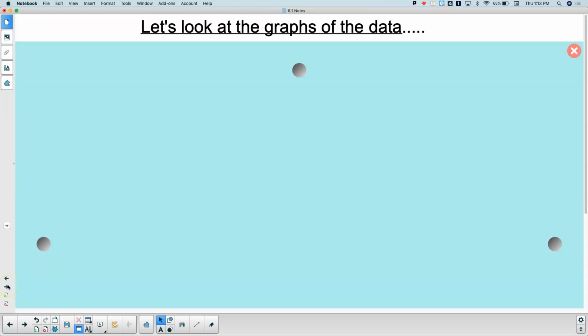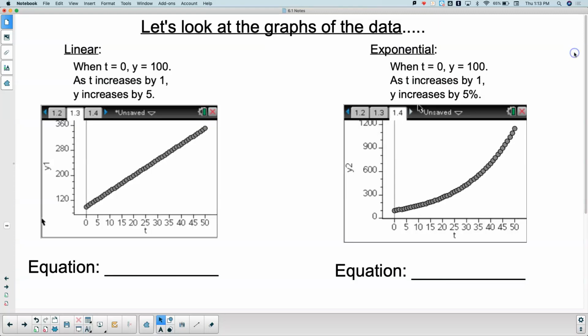Again, don't have to necessarily write this down, but here is the difference graphically of a linear versus an exponential function. On the left, the linear function, the equation would be y equals 5x plus 100, or in this case it would be t, 5t plus 100.